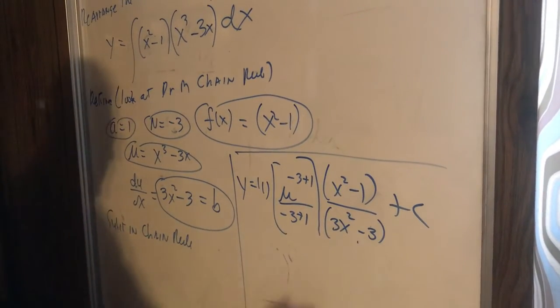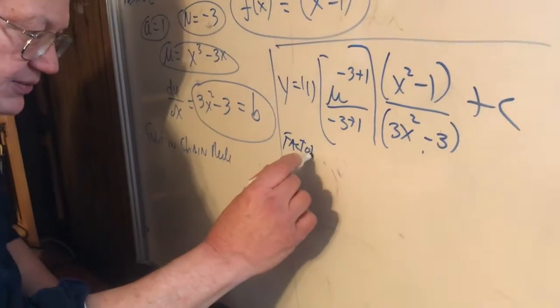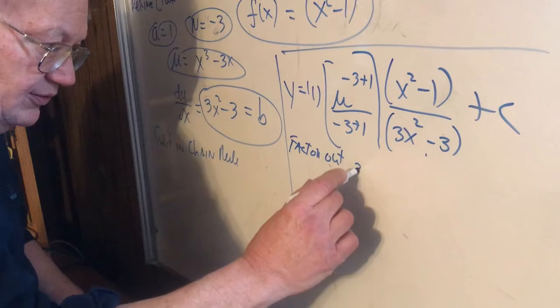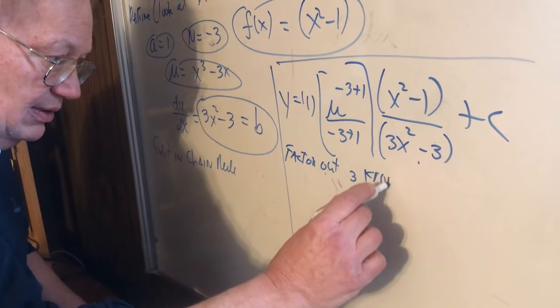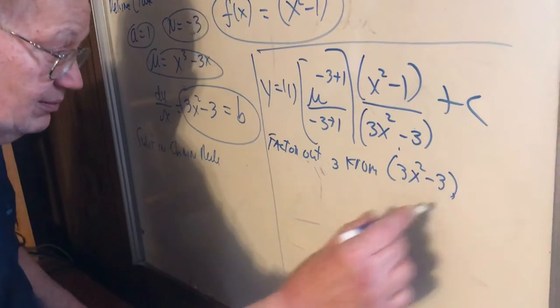Okay, now, I have to factor out 3 from 3x squared minus 3.